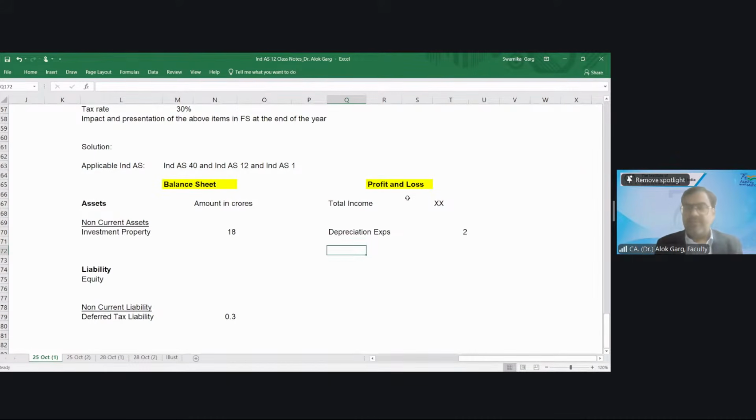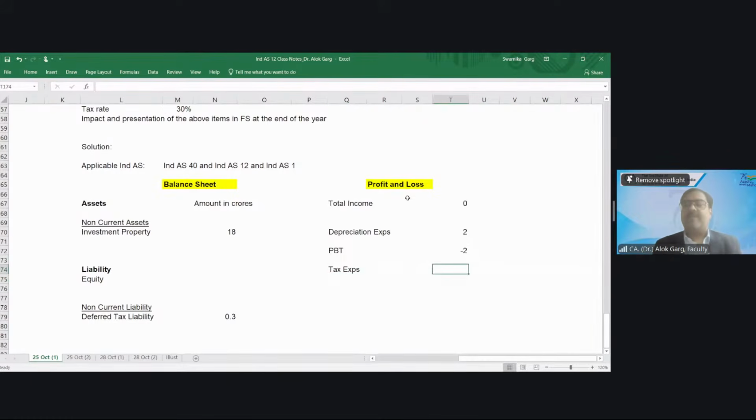Then your PBT, since the income is not given in the question, is this minus this, right? Then your tax expense. So you can write, in the absence of information in the question, we are assuming income to be 0.